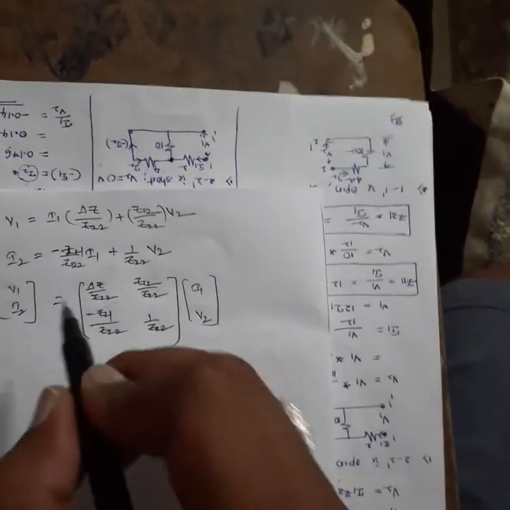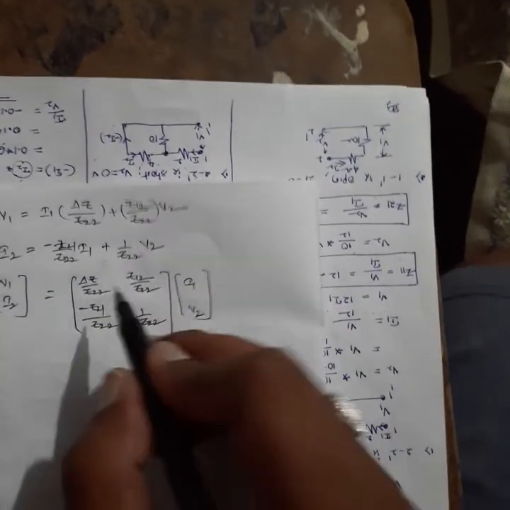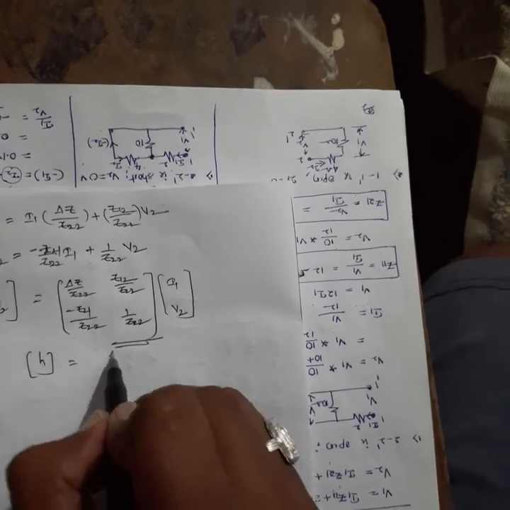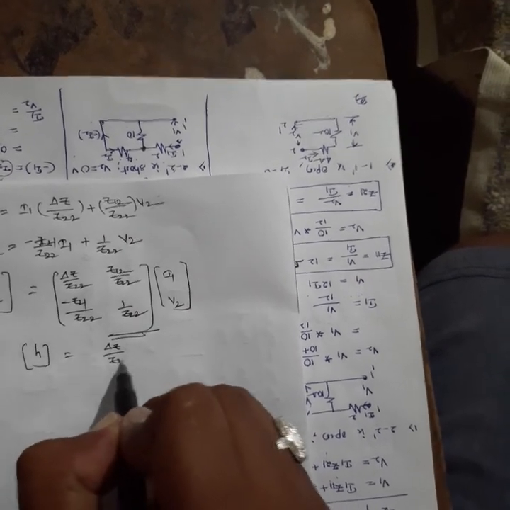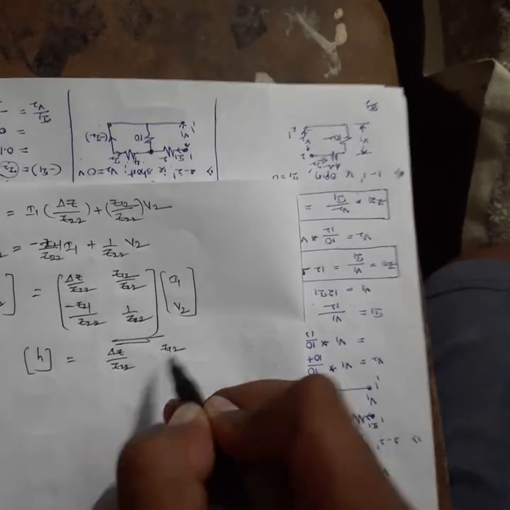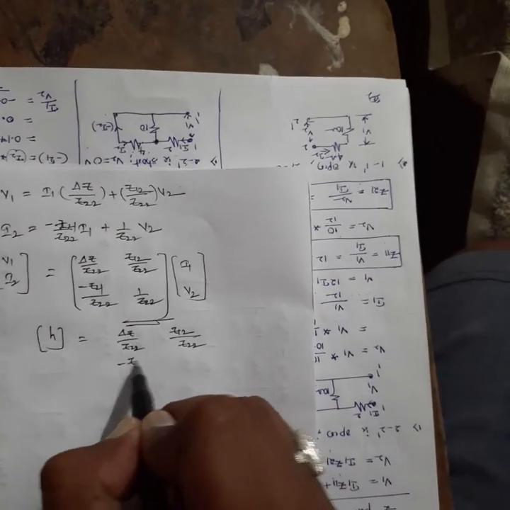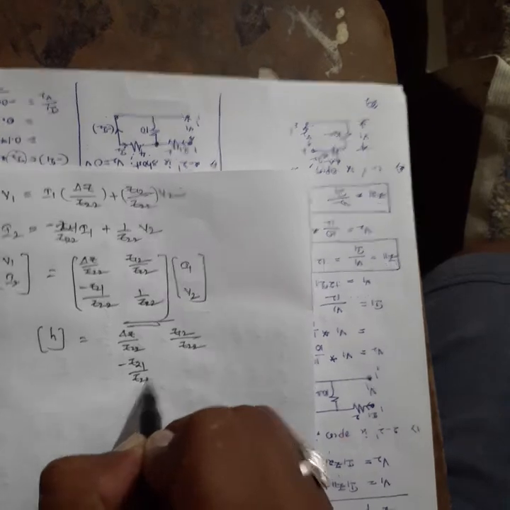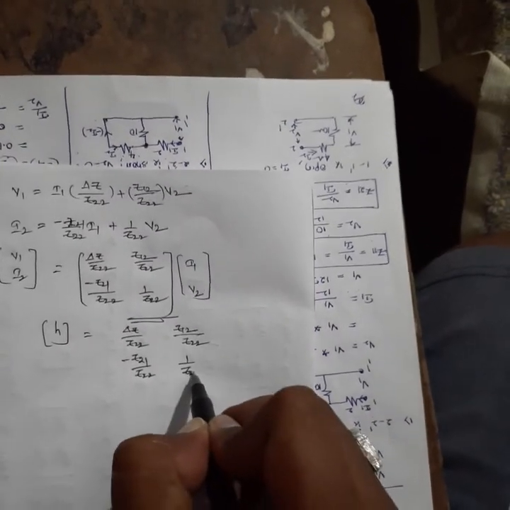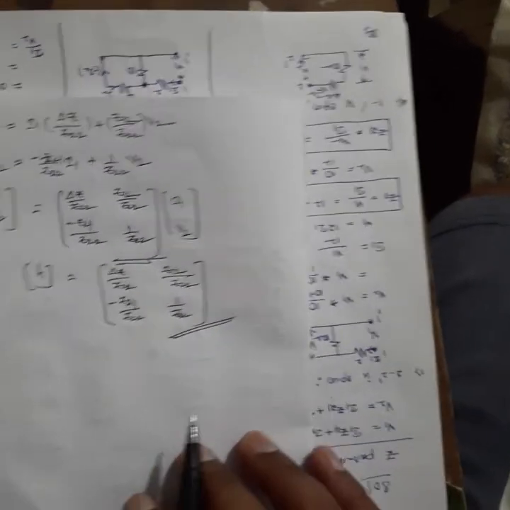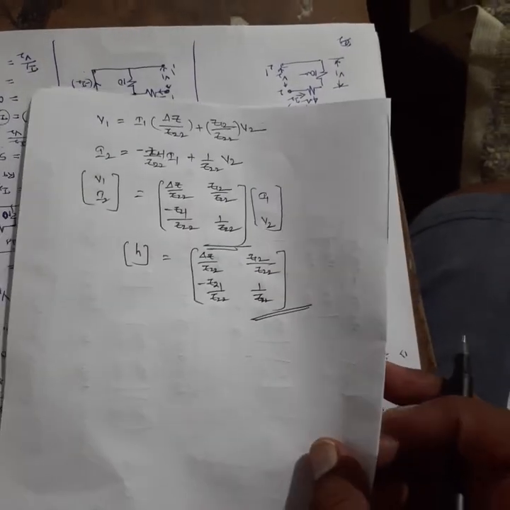So the h parameters equal delta z by z22, z12 by z22, minus z21 by z22, 1 by z22. This is the h parameters of the given network.